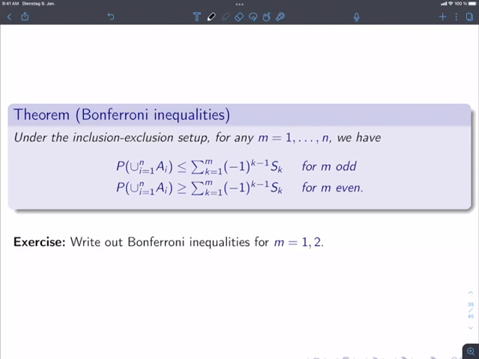Bonferroni inequalities. These are related to the inclusion-exclusion principle. I'm not going to go through a proof of them, but I just want to show you what they look like for a couple of cases.